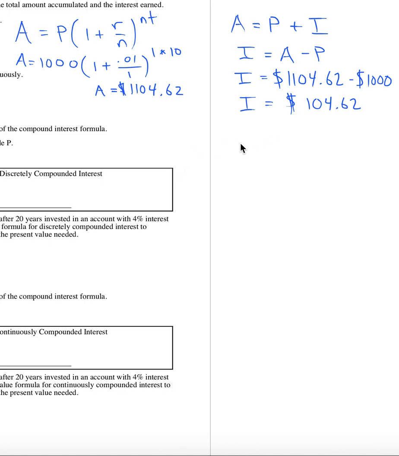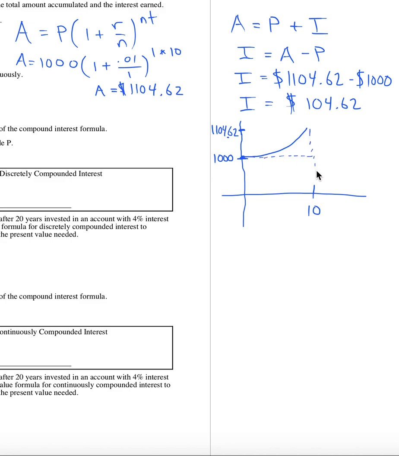So what would this have looked like as a graph? Start off with 1,000. It grows after 10 years to a new amount, 1104.62.